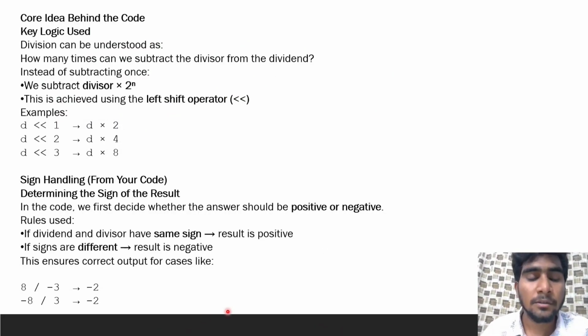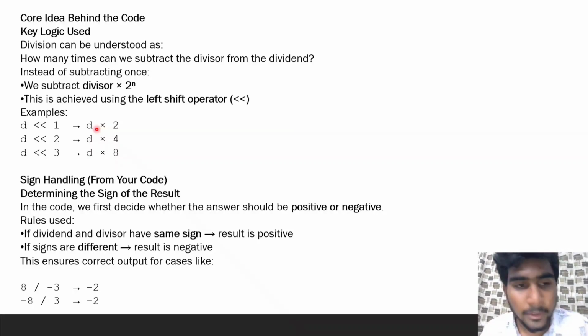Now the core idea of this optimized approach is based on bit manipulation. Instead of subtracting the divisor one by one, we subtract it in powers of 2, which significantly reduces the number of operations. Every time we subtract divisor into 2 power n.